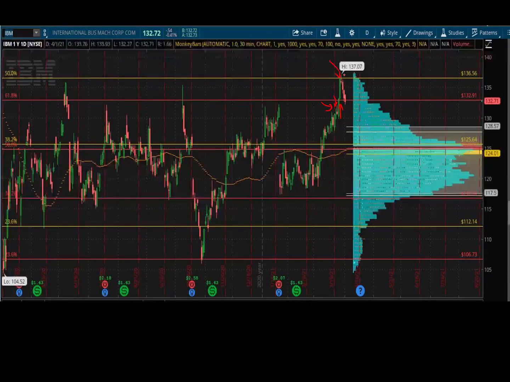And then we got another one at that golden area. We've seen that act as resistance as well. That got way overdone to the upside. I did add to my position at that level on a short put spread that we talked about, which you can do.